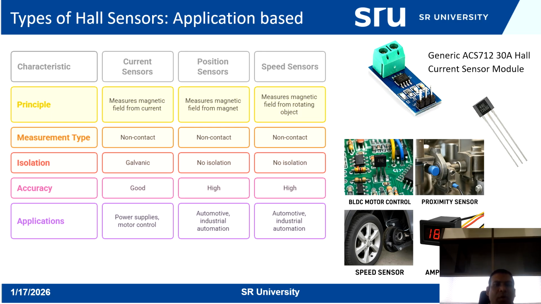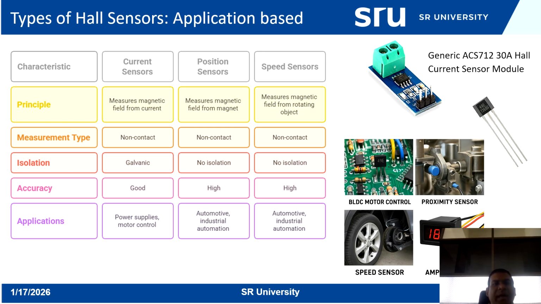Whereas the closed loop current sensor is more accurate and uses feedback to cancel the magnetic field and lower error and drift. What is the application of such a current sensor? That is inverter circuits, then electric vehicle battery management, then power supply and SMPS, then motor drivers.